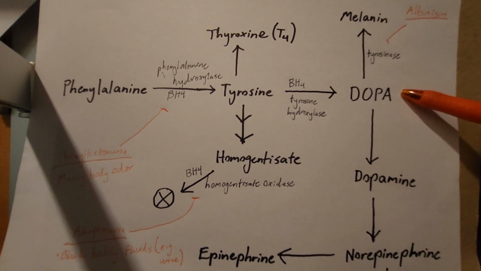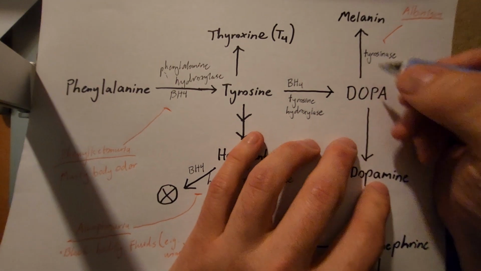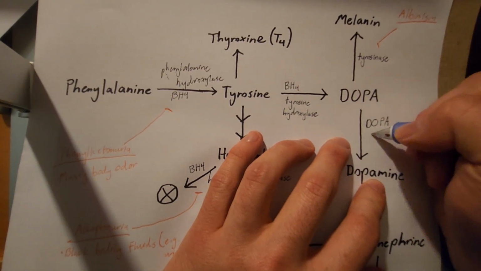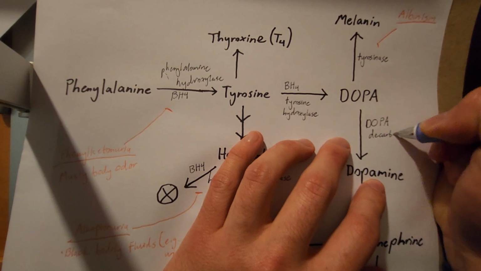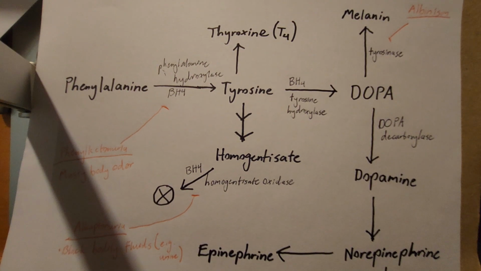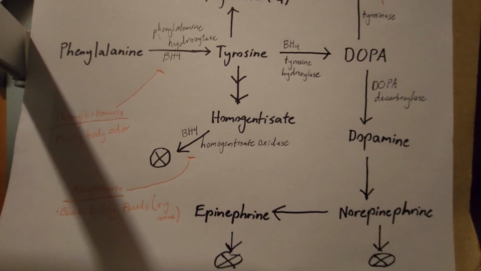And then moving on, DOPA to dopamine is catalyzed by DOPA decarboxylase. This enzyme is mostly significant in relation to Parkinsonism or Parkinson drugs. So I won't talk about that too much, but this is a target for a drug known as carbidopa, in case you were curious. And the rest of this is mostly just for completion's sake.